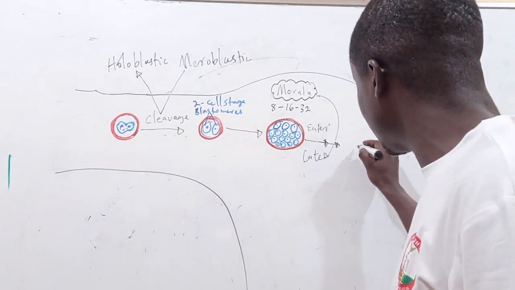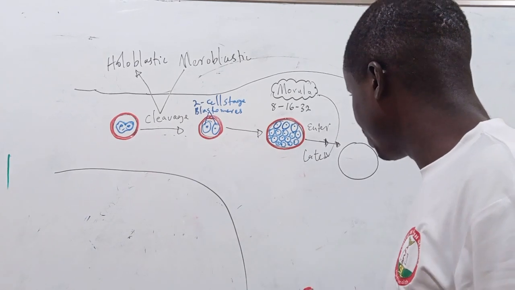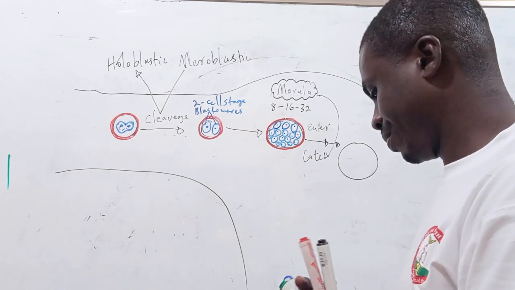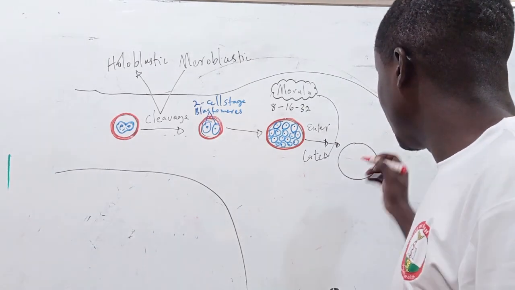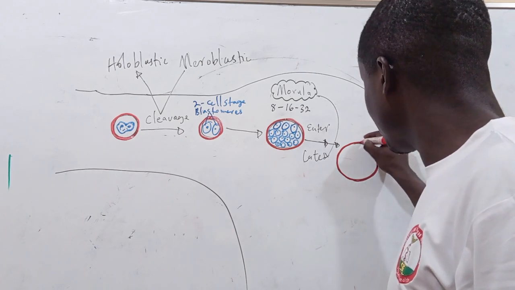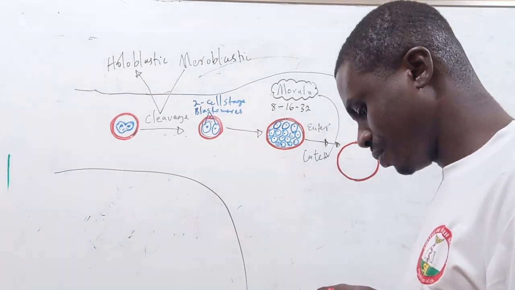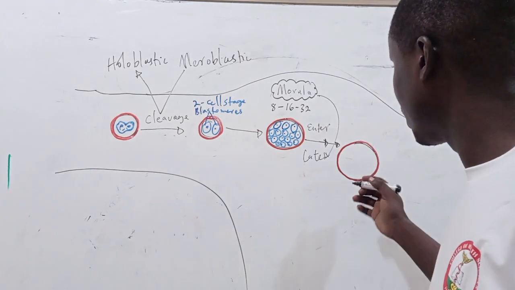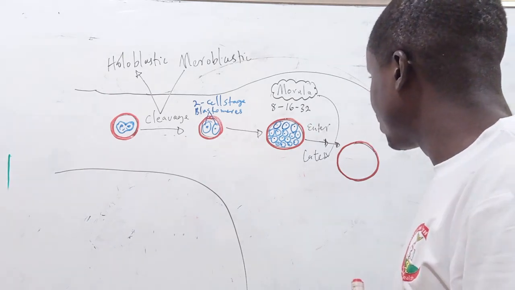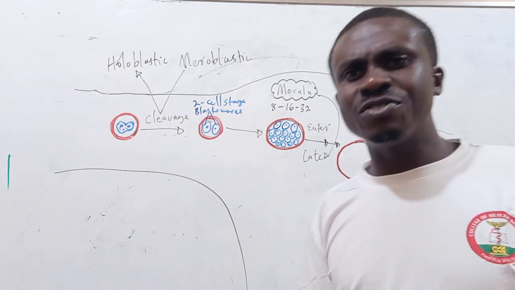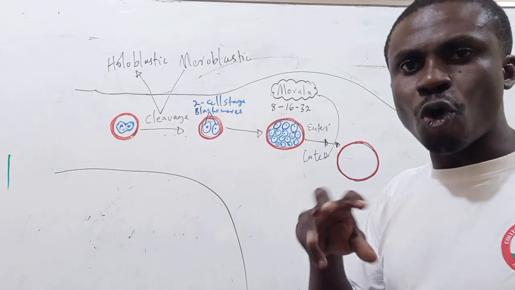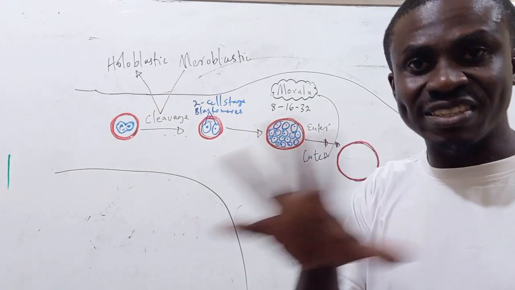What we see is that we still have our zona pellucida. And then something interesting happens. These cells in here begin to organize themselves into 2 distinct areas.